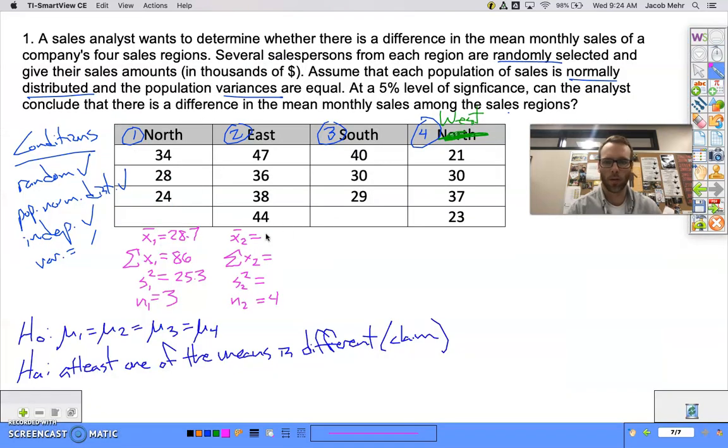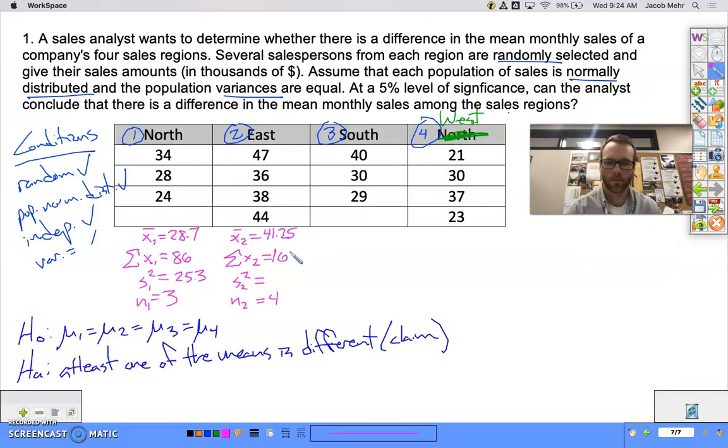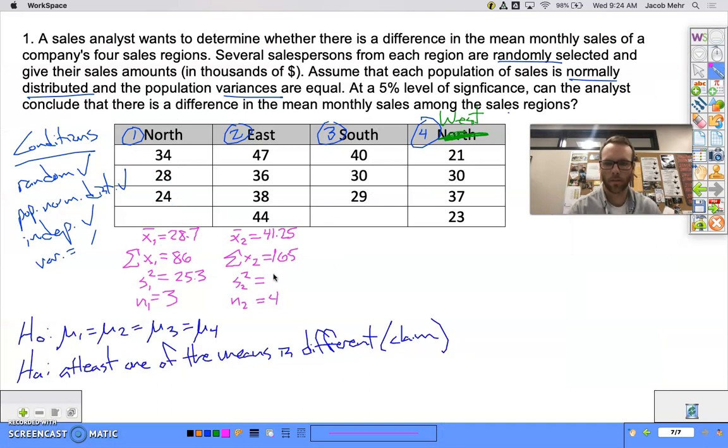So 41.25, the sum of the X's was 165. Our standard deviation is 5.123475383. When I square that, I get 26.25.